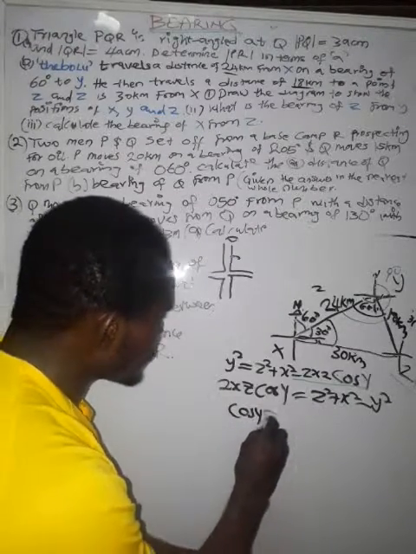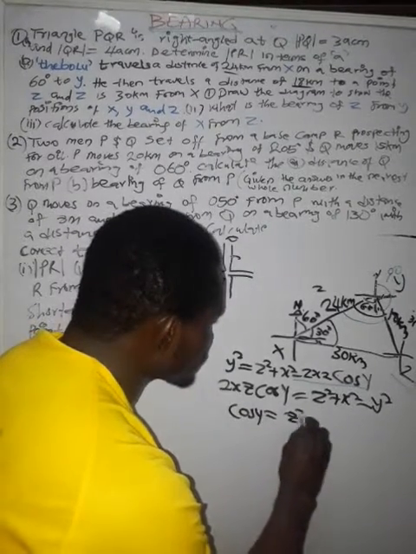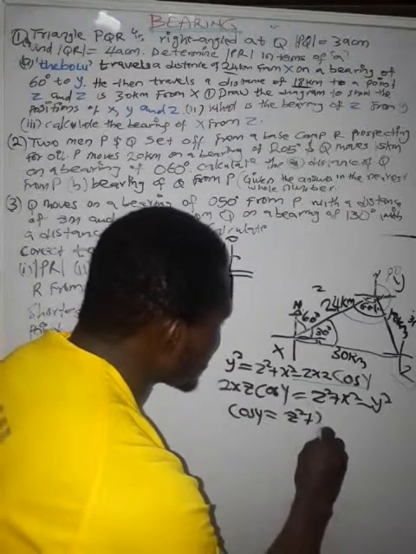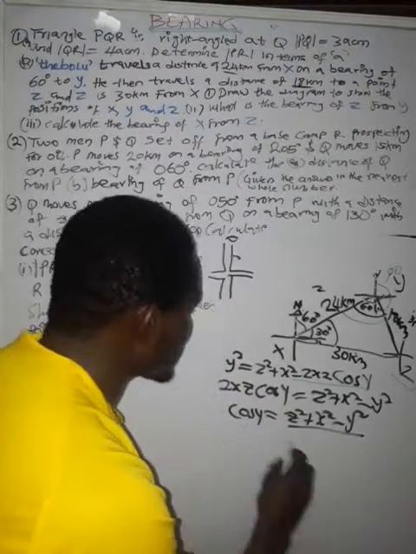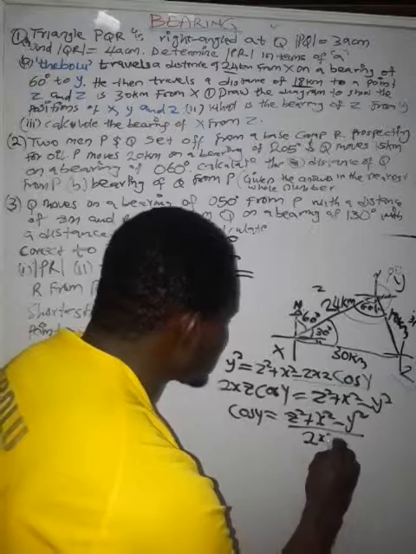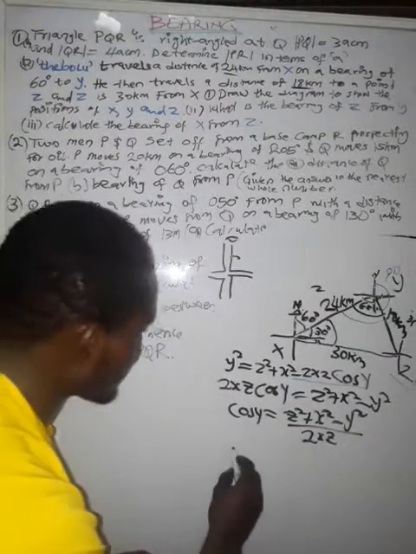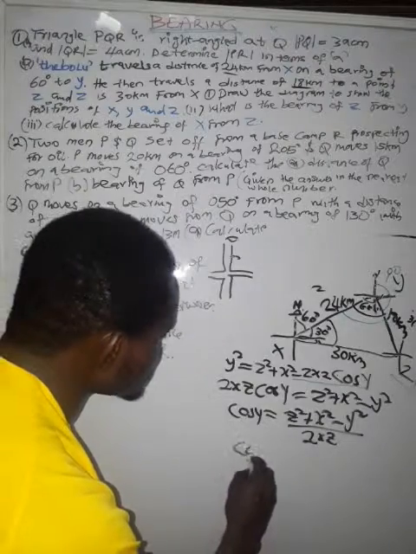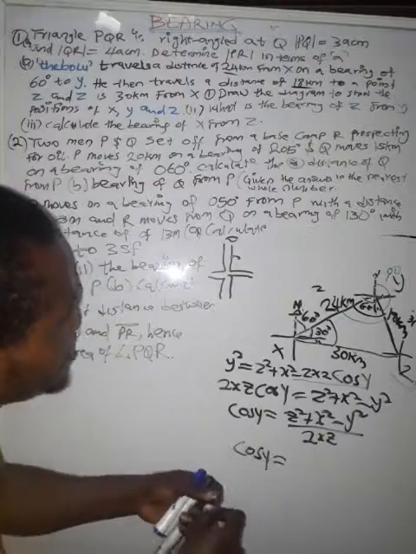Then I will make cos y the subject of the formula. Cos y will now be divided through by 2xz. So we have z squared plus x squared minus y squared all over 2xz. You see now, 2xz. So I can now find cos y to be equal to, what is the value of z?